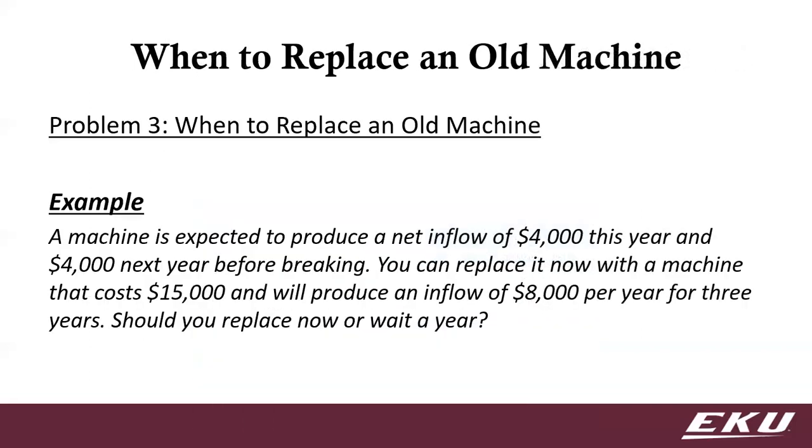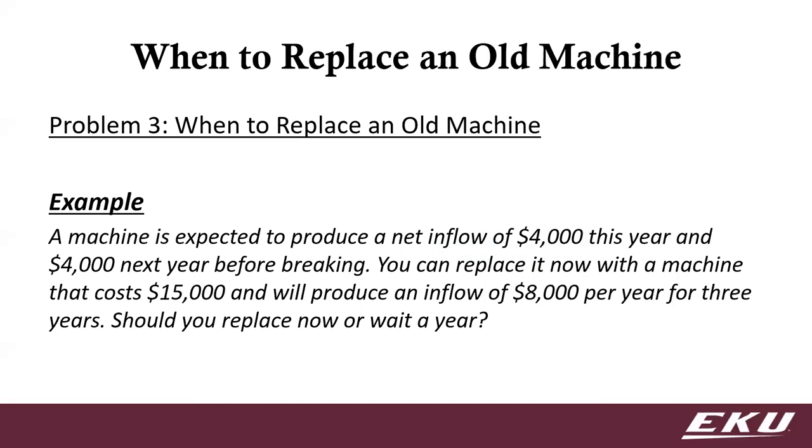Okay. And this is a different take. That was looking at two different machines, one of higher quality and one of lower quality. This is: should I replace that machine or let it go a little bit longer? The machine is going to produce $4,000 this year and $4,000 next year.